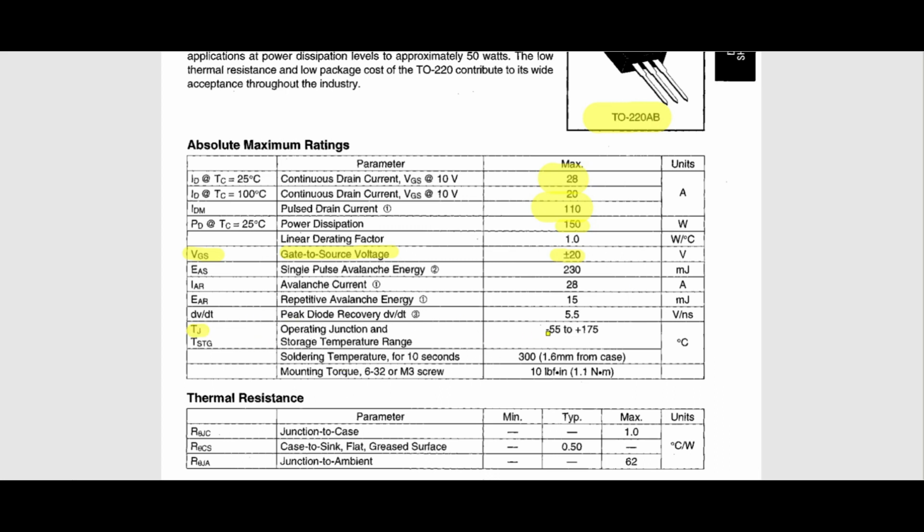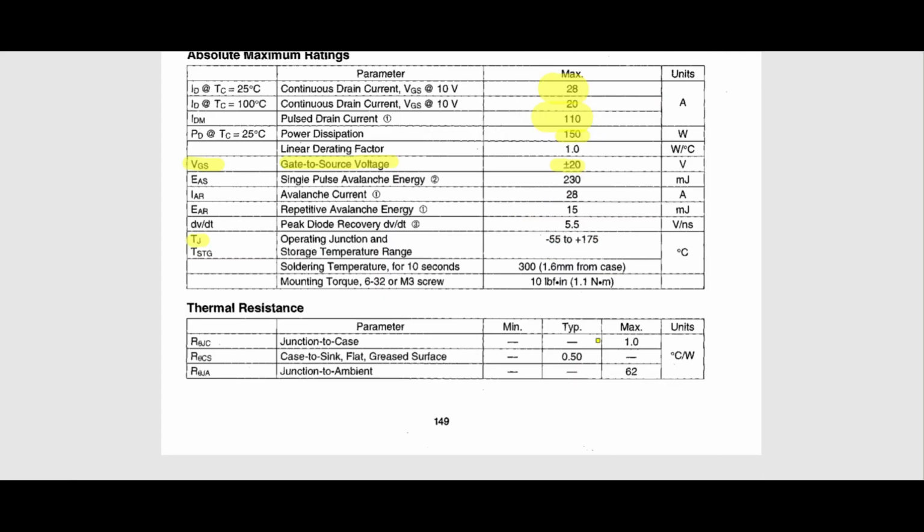TJ, the junction temperature range, minus 55 to 175 degrees is the operating junction temperature range. Cannot go beyond that. And the thermal resistances are an important part of your design, especially for designing and selection of the heat sinks. R theta JC, junction to case, that we discussed, is 1 degree centigrade per watt.